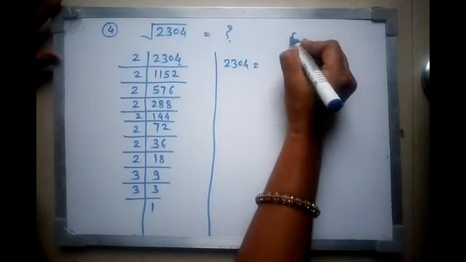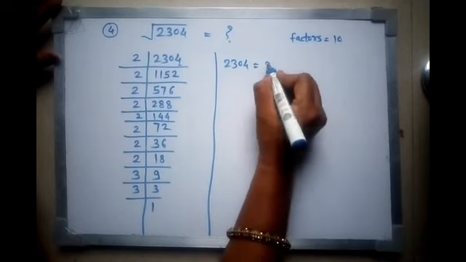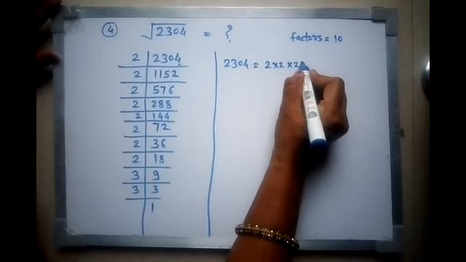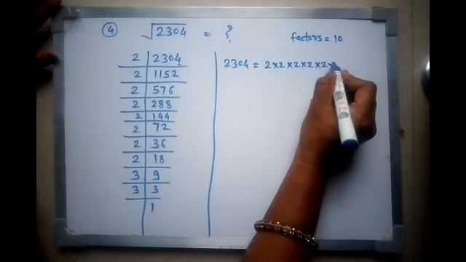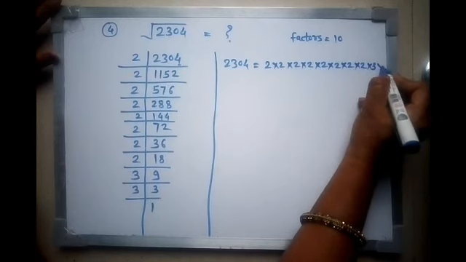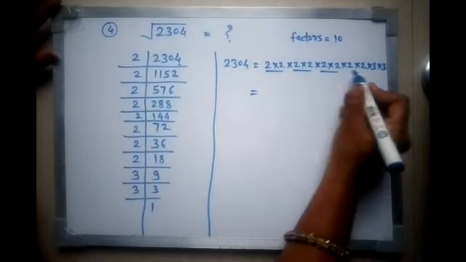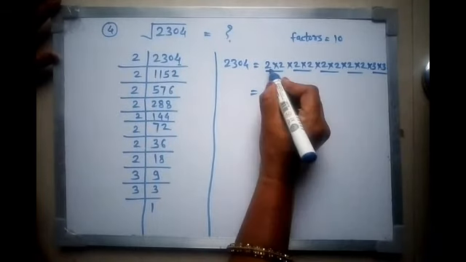2 is 8 times. Factors found: 10. 2 multiplied 8 times and 3 multiplied 2 times. Form pairs of equal factors from the factors obtained.